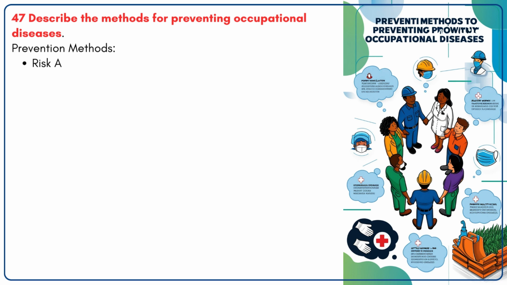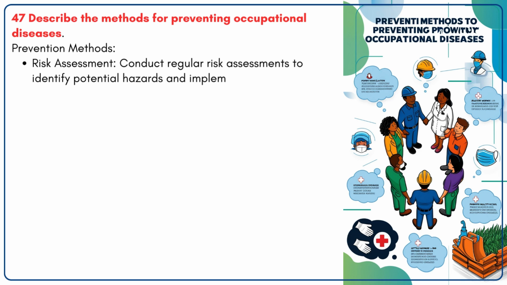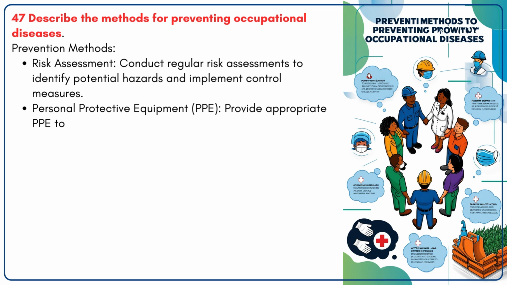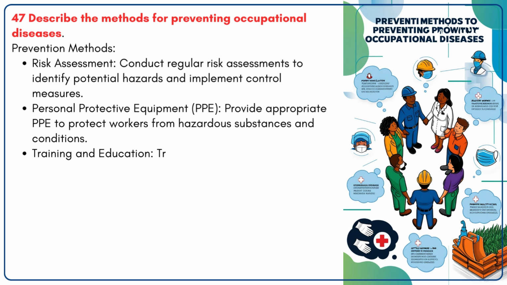Prevention methods. Risk assessment. Conduct regular risk assessments to identify potential hazards and implement control measures. Personal protective equipment. PPE. Provide appropriate PPE to protect workers from hazardous substances and conditions. Training and education.